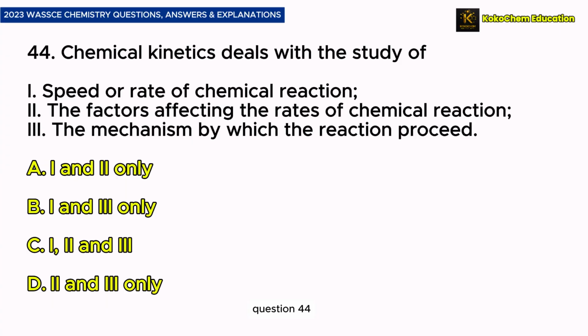Question 44. Chemical kinetics deals with the study of I, speed or rate of chemical reaction. II, the factors affecting the rate of chemical reaction. III, the mechanism by which the reaction proceeds. A. I and II only.